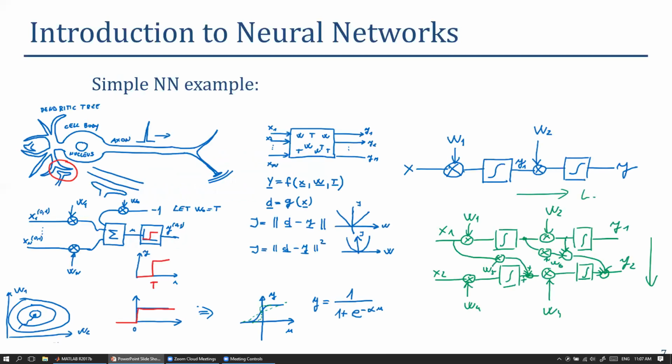So let's take a look at the sketch of what we did yesterday. On this screen, what you see is the derivation of the biological neuron as we did yesterday.